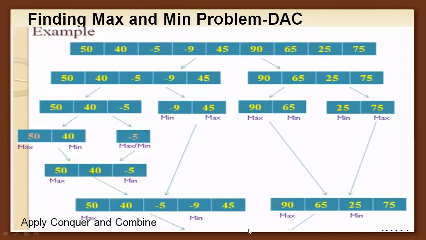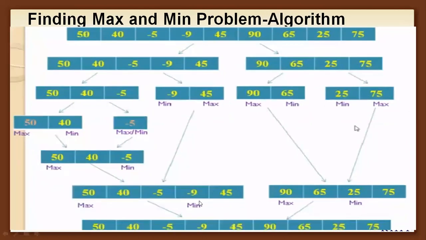And we need to apply the conquer and combine technique to those two subarrays. Only one array is to be generated, and the elements which are combined and conquered are placed into a single array. And here, this is the given array. In the given array, the maximum element is 90 and the minimum element is minus 9.